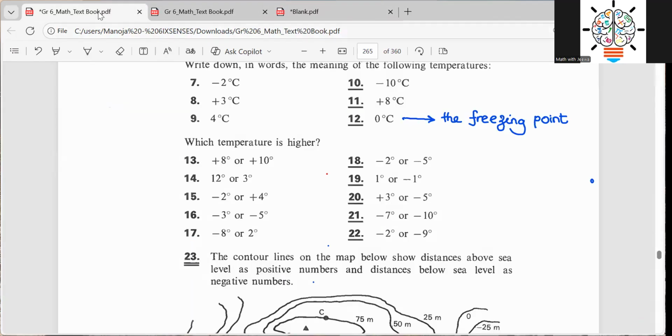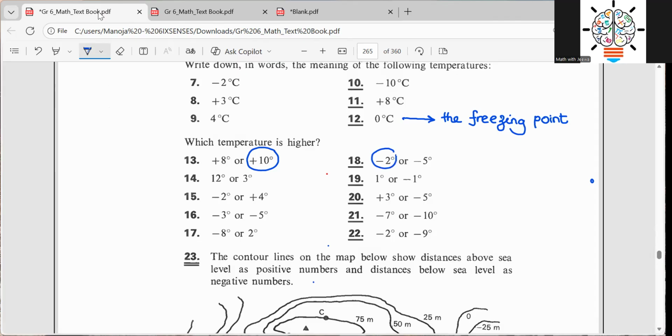With that knowledge, now you just come to 8 and 10. 10 is far away from 0, so 10 will be higher. Then negative 2 and negative 5, which is closer to 0? This is closer to 0. I'm just circling the higher value to show you. When you get 12 and 3, even though they have not mentioned positive 12 and positive 3, these are positive 12 and positive 3.